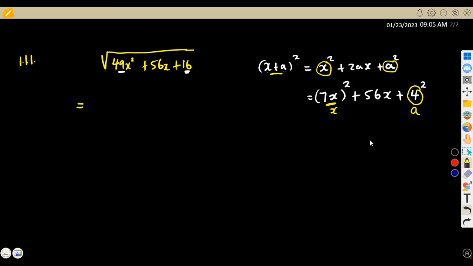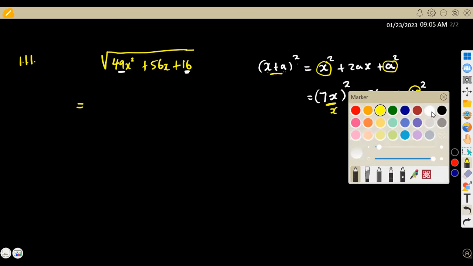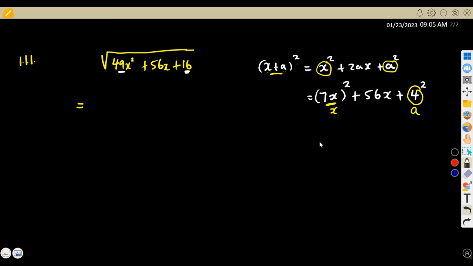So this expression can be written as x plus a, squared. Our x is 7x, so it is going to be 7x plus a, which is 4. But as you can see, it's x plus a, squared. So this is going to be 7x plus 4 squared. This is the shortest way that you can use to factorize.